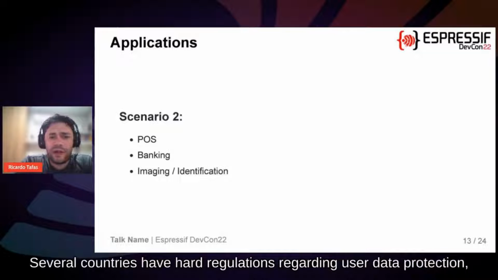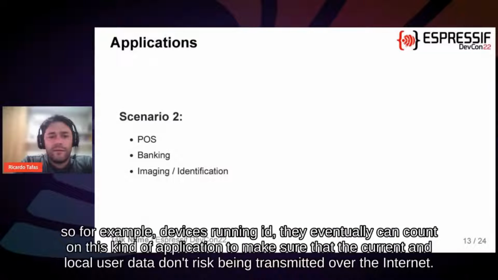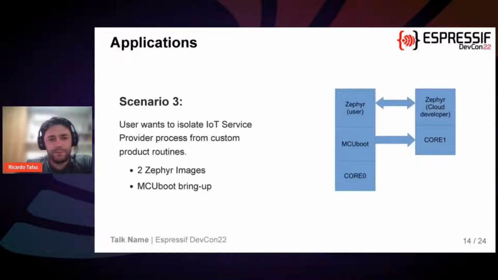Several countries have hard regulations regarding user data protection. So, for example, devices running ID, they eventually can count on this kind of application to make sure that the current and local user data don't risk being transmitted over the internet.